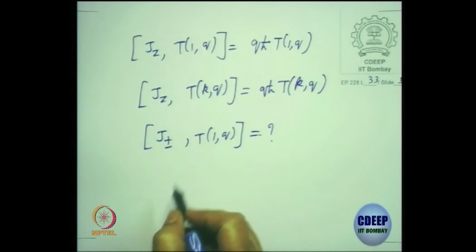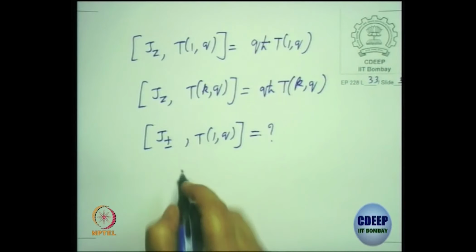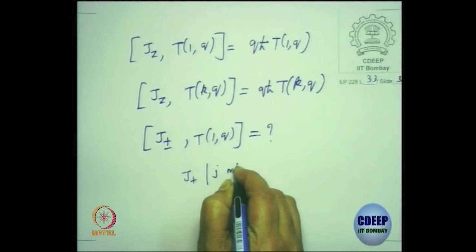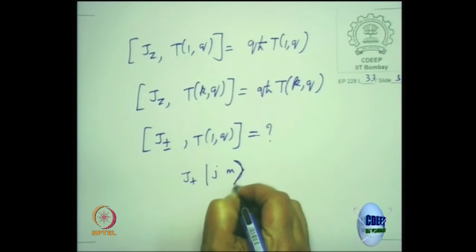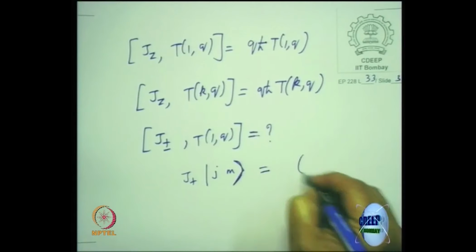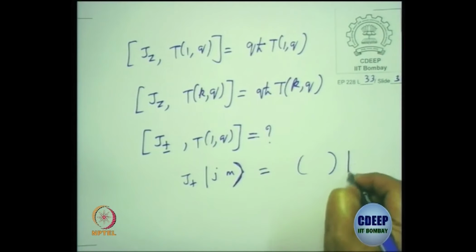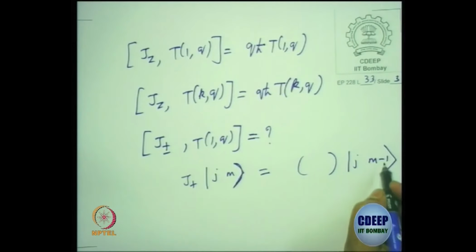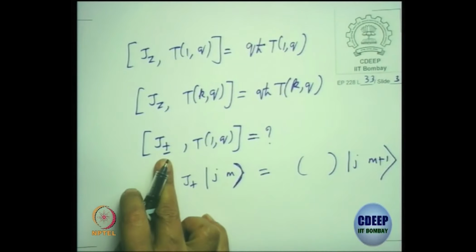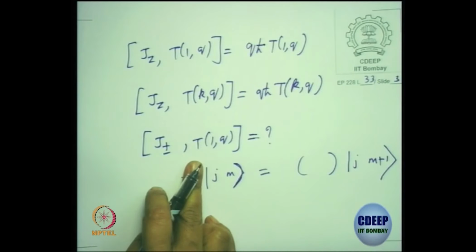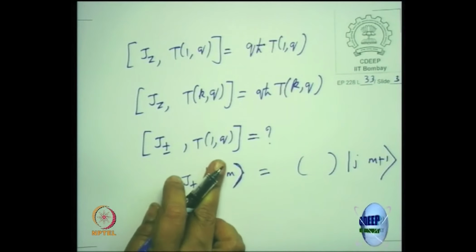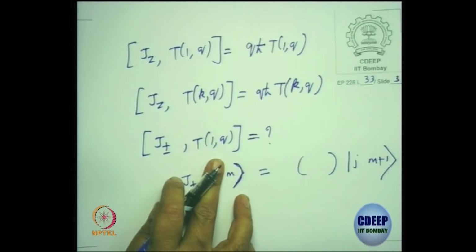The reason is that we saw J plus on your JM state giving you some coefficient on J m plus 1. I want to see whether the tensor operators also have a similar property. Since you know the position components, can you please verify what you get here?